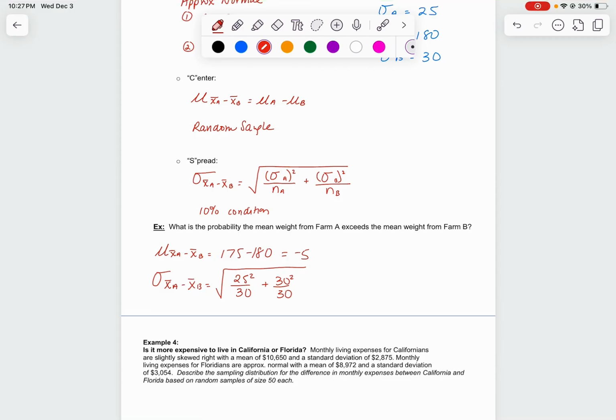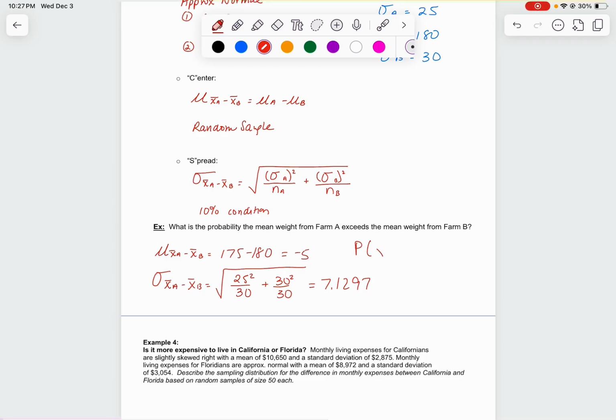So let's get a value for that, and this is 7.1297.